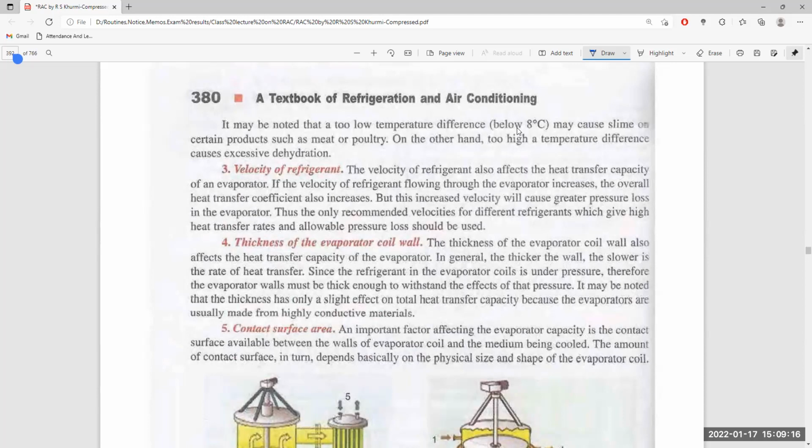The velocity is so important. As the velocity of flow through the evaporator increases, the overall heat transfer coefficient also increases. So the heat transfer coefficient increases with velocity.